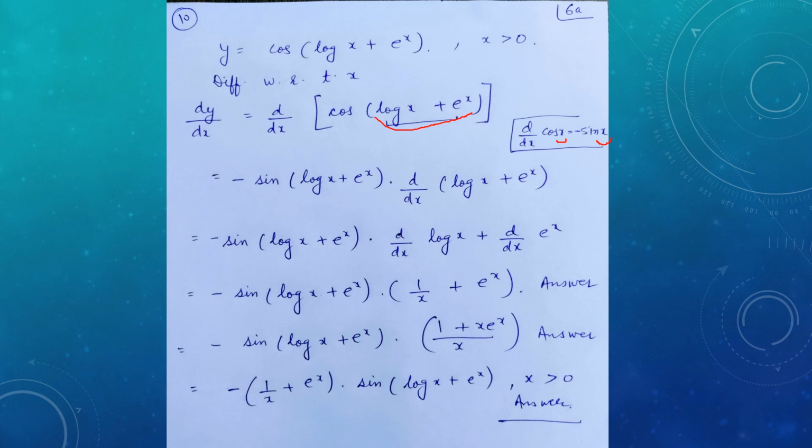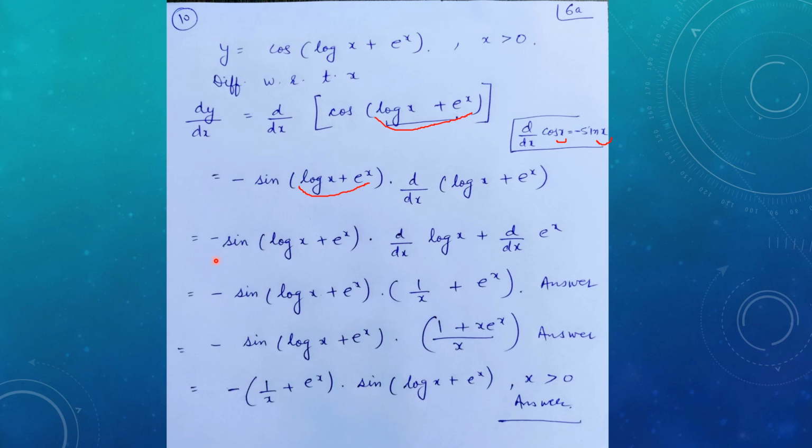Clear? So the derivative of cos of log x plus e power x will come out to be minus sine of log x plus e power x, right? Multiplied by whatever here is in the bracket, the derivative will be calculated separately. So you will get d by dx log x plus e power x. Simple.